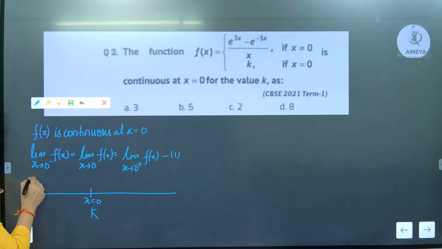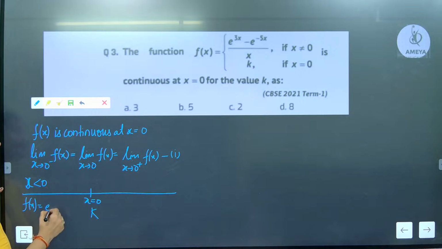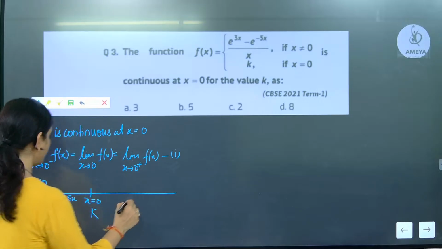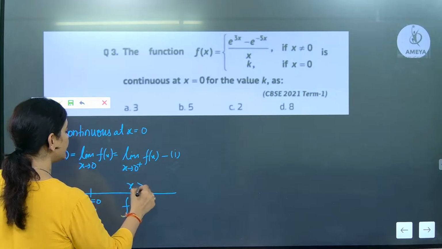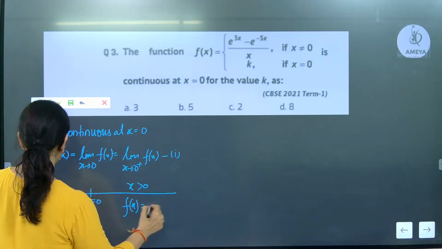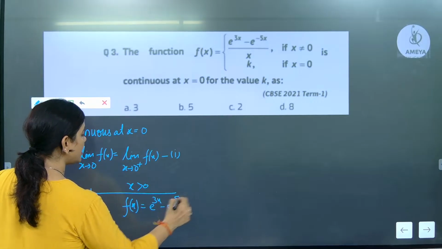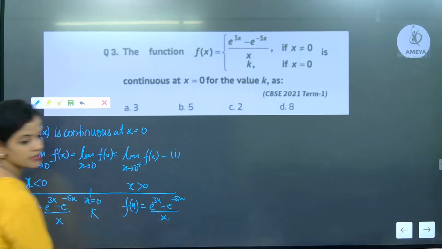When x is less than 0, f of x will become e to the power 3x minus e to the power minus 5x, by x. And if x is greater than 0, f of x is equal to e to the power 3x minus e to the power minus 5x, by x.